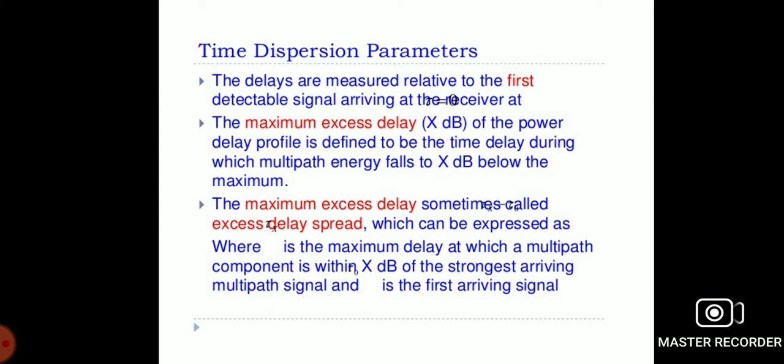Thus, these time dispersion parameters, the mean excess delay, the RMS delay spread, and the excess delay spread or maximum excess delay, are the main factors used to compare and estimate the performance of various multipath channels. Also, these delay parameters deal with time domain signals.